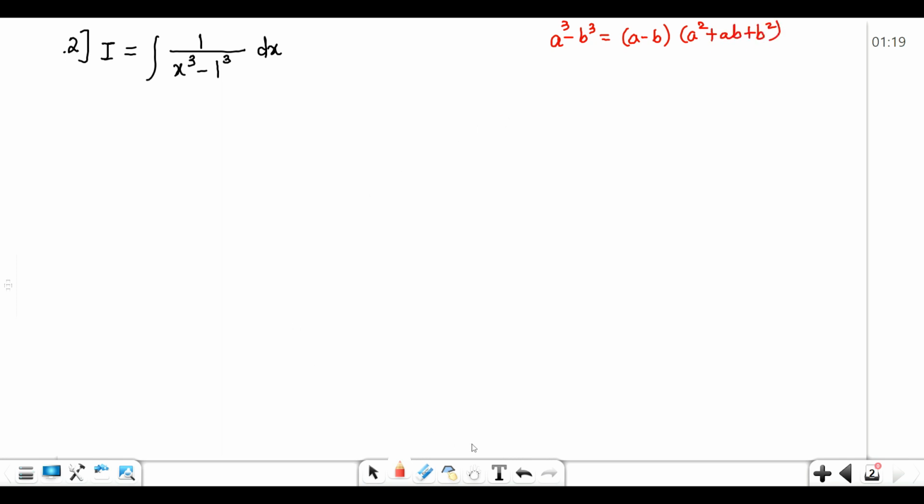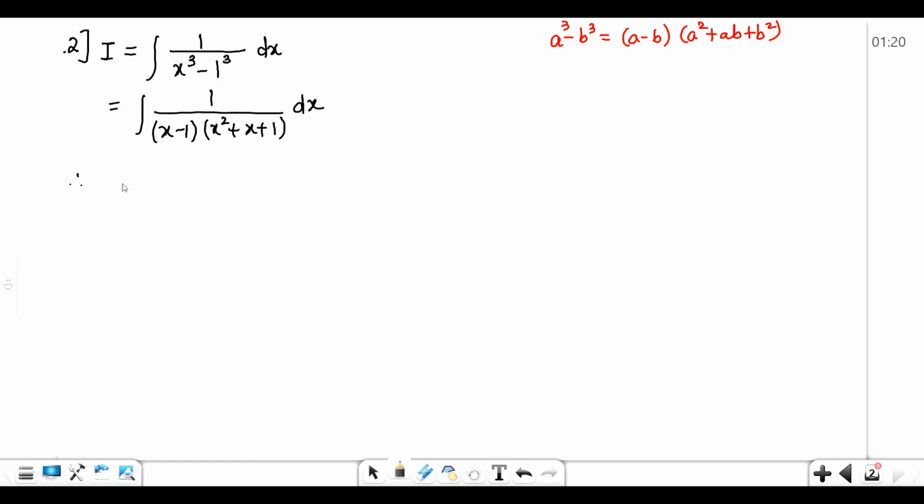This is the formula of a cube minus b cube. We can apply the same formula here, taking a as x and 1 as b. So this can be written as integration of 1 upon (x minus 1)(x square plus x plus 1) dx. We have applied the same formula.